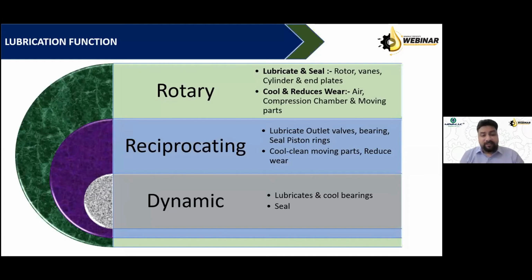The air enters the scroll or the screw or the lobe, and it gets compressed along with the lubricating oil. So here we are providing a platform for the lubricating oil to get mixed up with the service air or the gas which we have to compress.